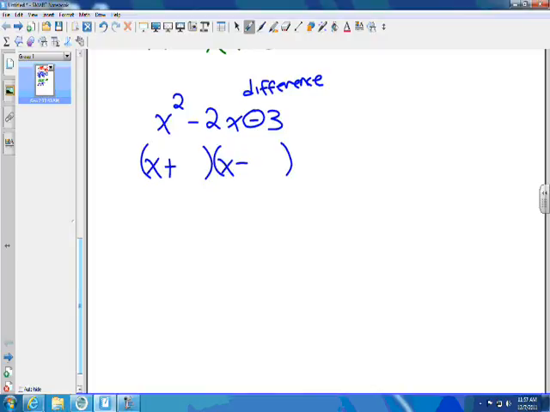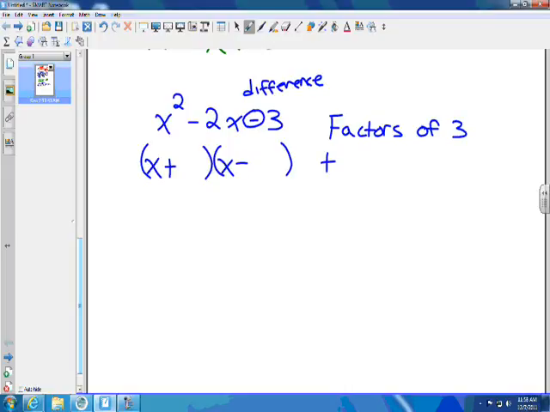So we're looking for factors of what? Factors of 3 that have a what? Difference. Now we're looking for a difference of that middle number.